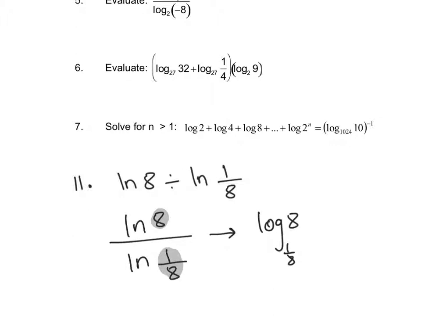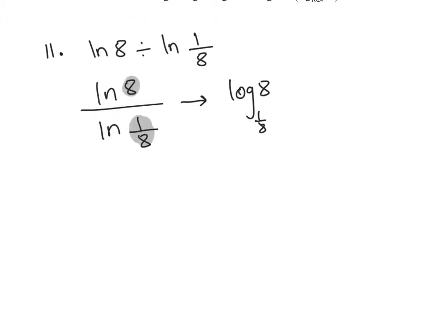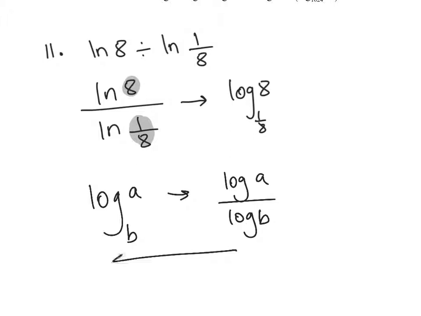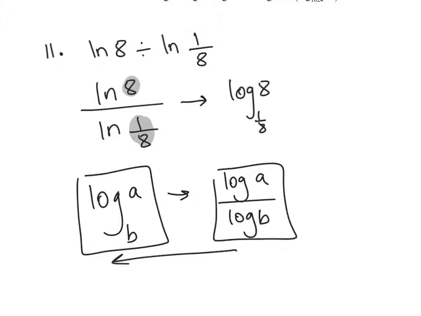Do you see it? No. So the formula is log base b of a is log of a over log of b. So now we're working our way backwards. I have this, and I want to change it to this. So it is the log of the argument over log of the base. That's what I have here. ln of the argument over ln of the base.